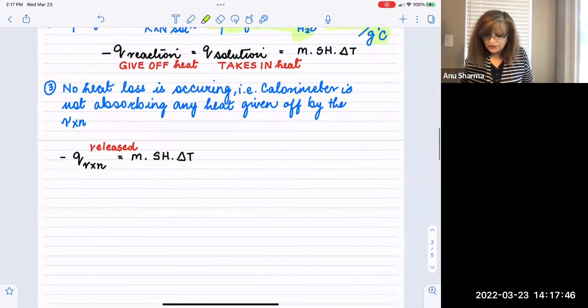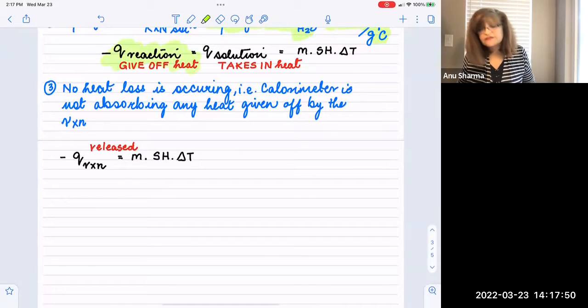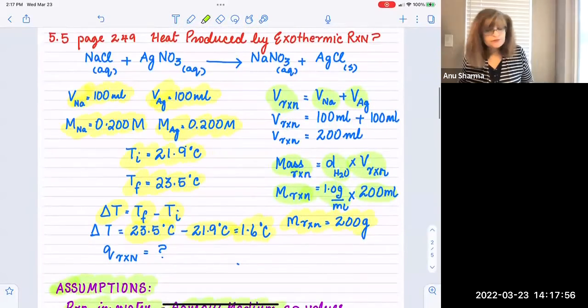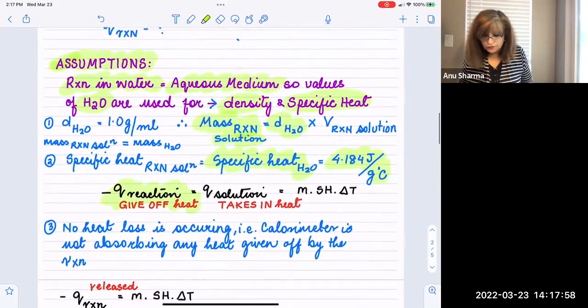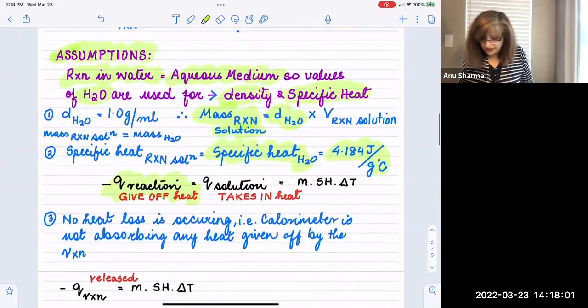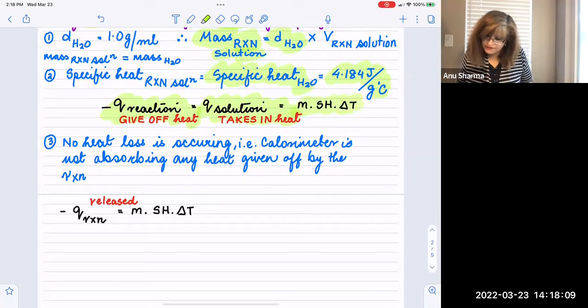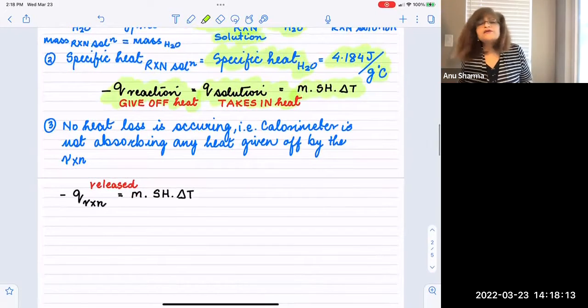Keep in mind that the heat given off by the reaction, when the bonds of sodium chloride and silver nitrate break, is released and absorbed by the solution, the water. So it's m times c times delta T.